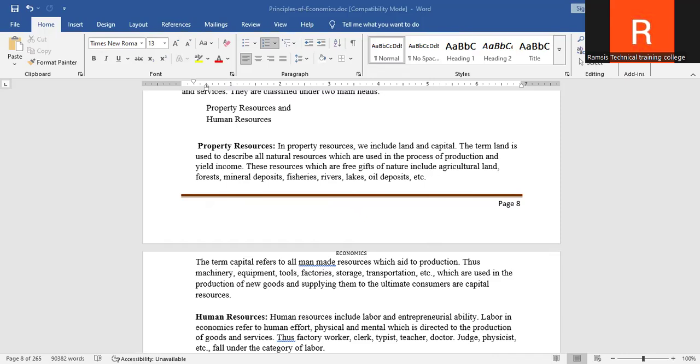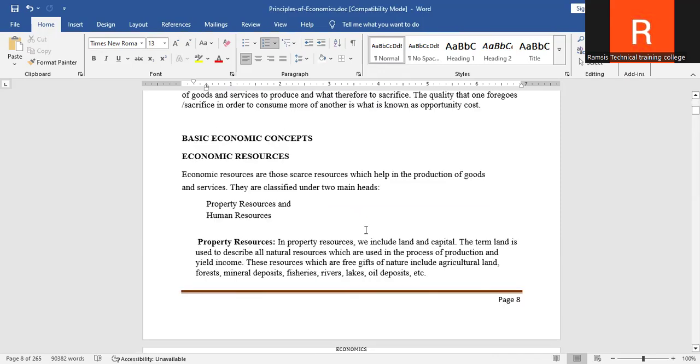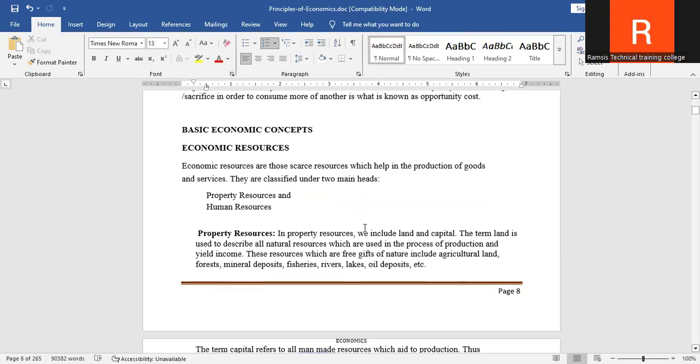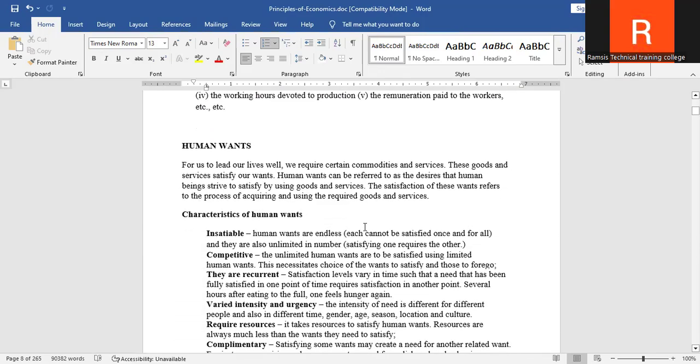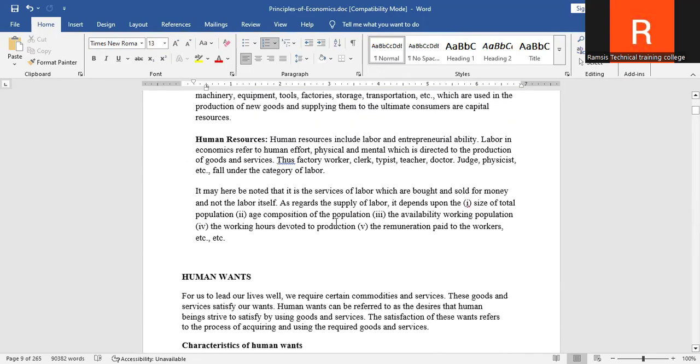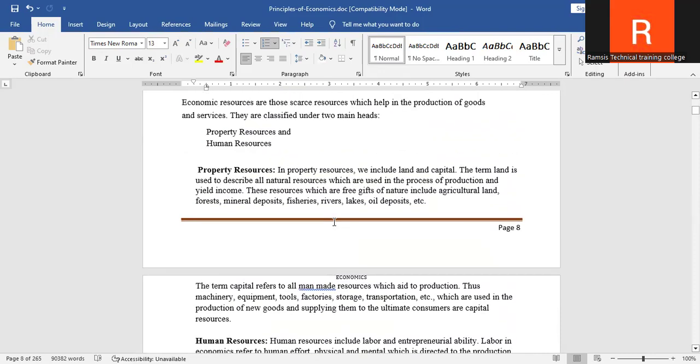So that's basically economic resources. We have property resources and human resources. Nowadays, this means things like land and capital, whereby land is used to describe all the natural resources which are used in the process of production and used to yield income.